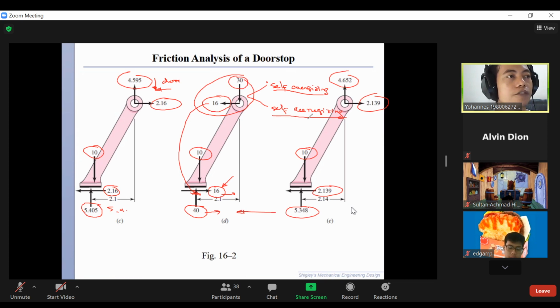So we call this self-de-energizing because it reduces the friction force capacity in this mechanism. This phenomenon also occurs in the brake and clutch in our vehicle, in the power transmission. This is just an analogy. This is just a simple example to explain self-energizing and self-de-energizing.